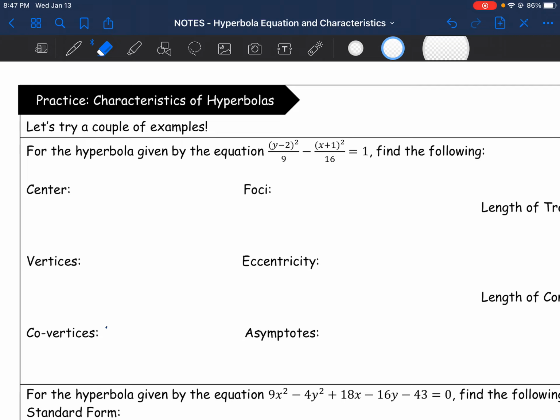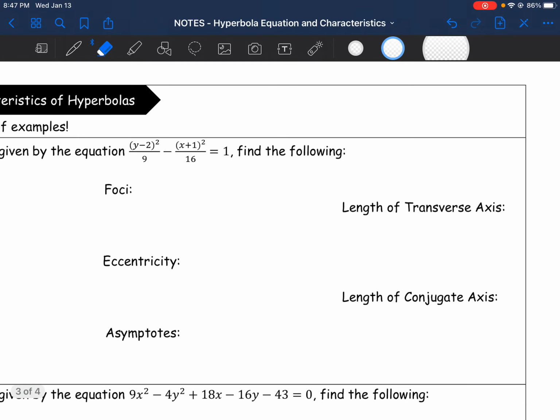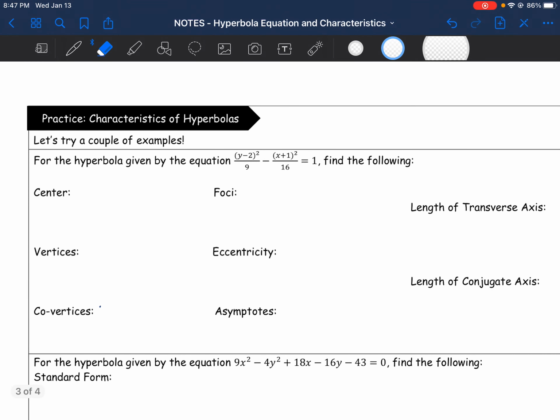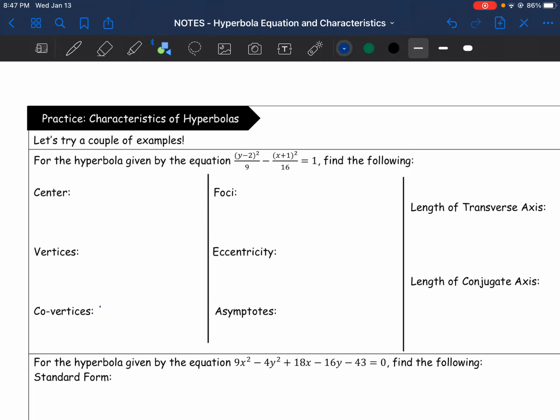We want to find the center, the vertices, the co-vertices, the foci, the eccentricity, the equations for the asymptotes, the length of the transverse axis, and the length of the conjugate axis. So we have a lot of different parts that we want to worry about finding. I'm going to go ahead and section this off just to keep myself organized as I work. And let's go ahead and get started.